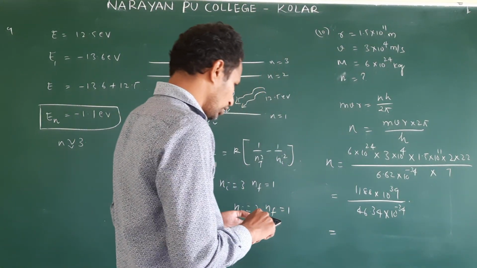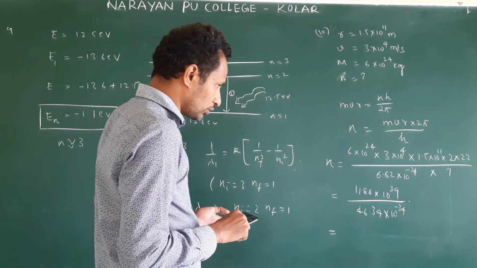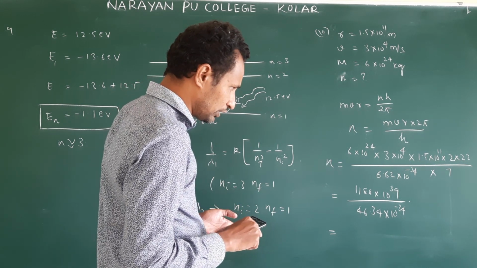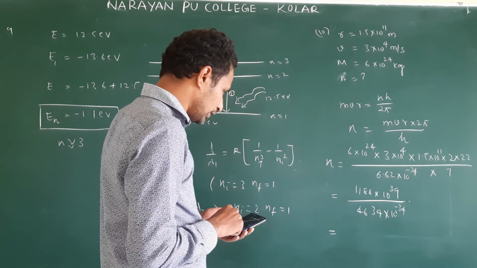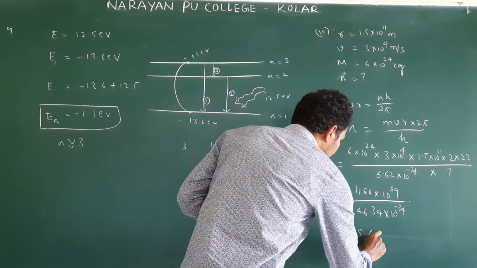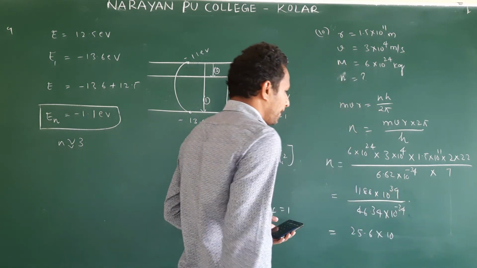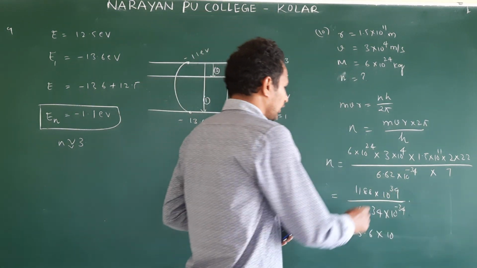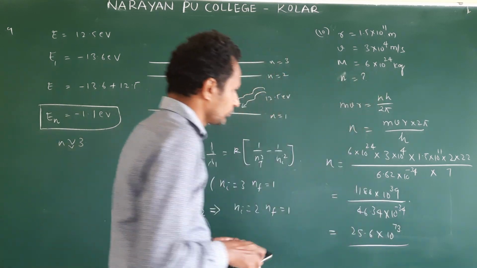Clear? So now 1188 divided by 46.34 comes to 25.6. Clear? The power comes up as 39 plus 34, that is 73. Clear?